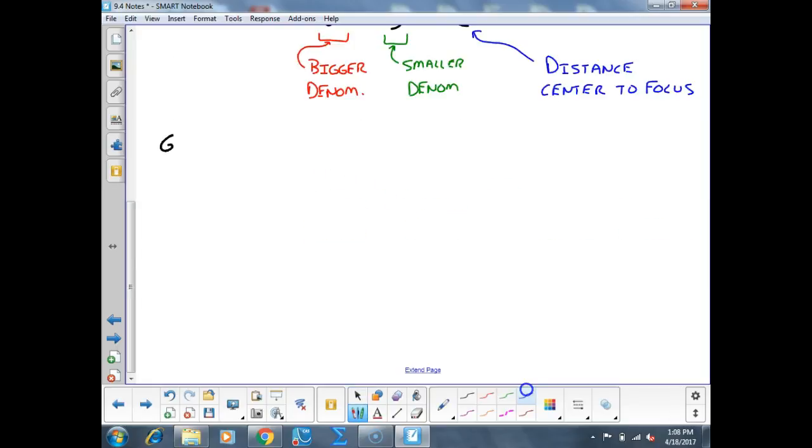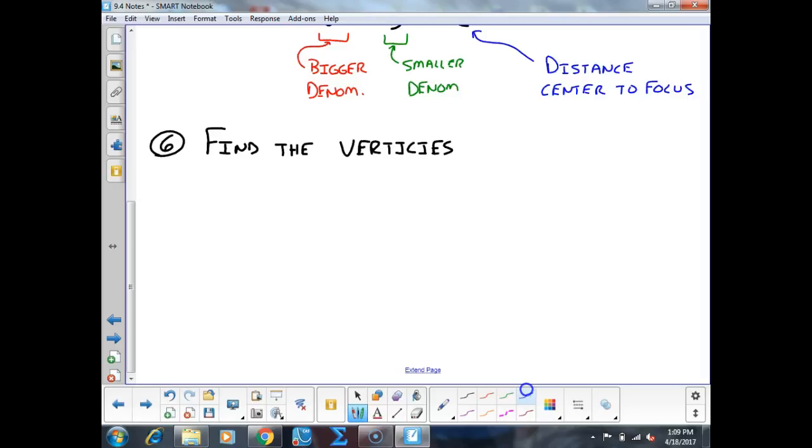The other thing that I am going to add in here is a step 6. Step 6 is you are going to then find the vertices of the ellipse. The vertices of the ellipse are very easy to find.